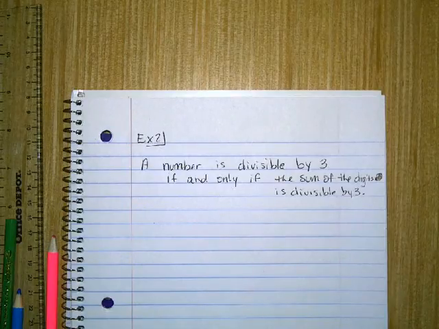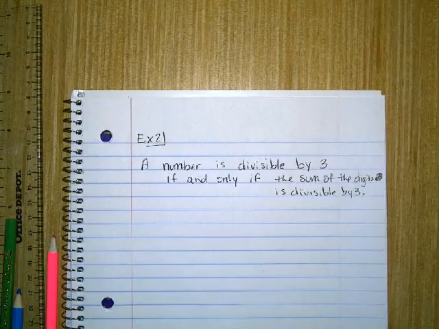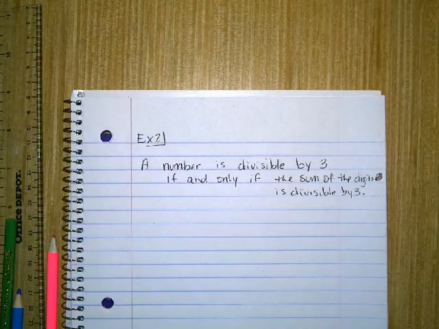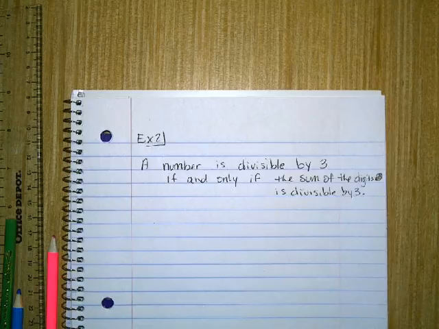Write that on your paper. So I'm giving you the biconditional. We're going to have to work backwards. You know that's how it always works in here. We do this, and then we turn around and say, okay, now what if we went backwards? So write that on your paper. It says, a number is divisible by 3 if and only if the sum of the digits is divisible by 3.